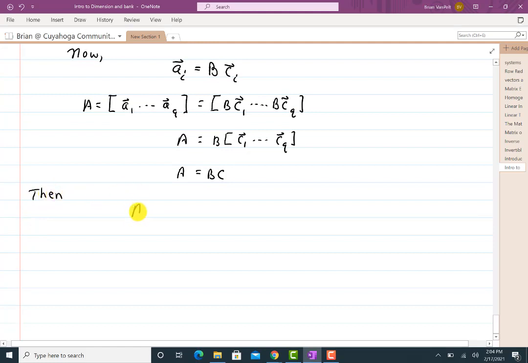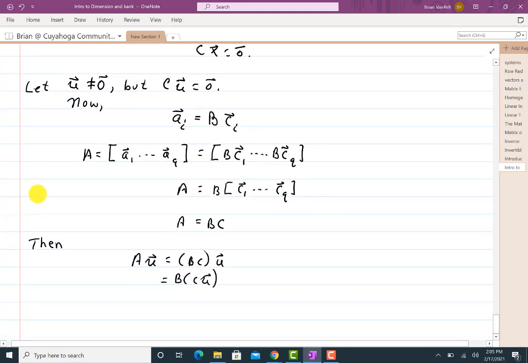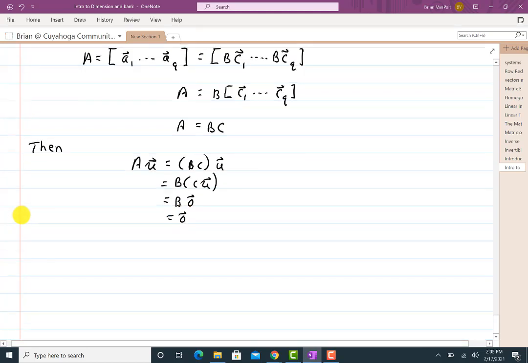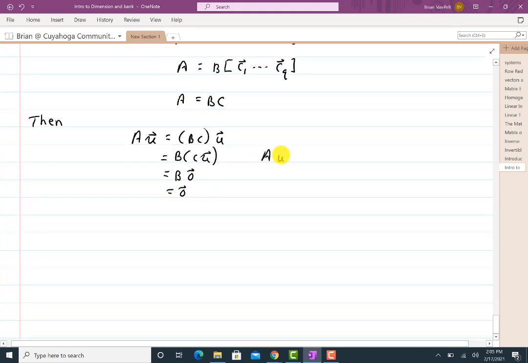Then Au equals BC times u, which equals B times Cu. And remember, that was precisely the u that made multiplying by C equal to 0. So this is equal to B times the 0 vector, which equals 0. So we have Au equals 0, but u does not equal 0.